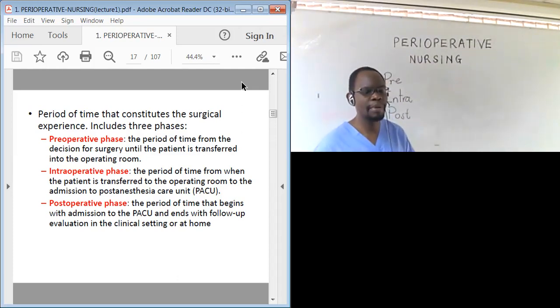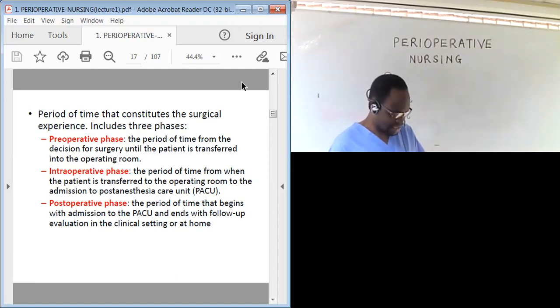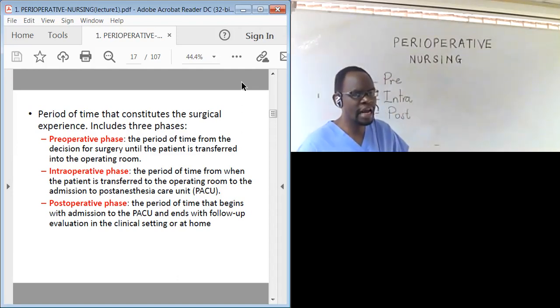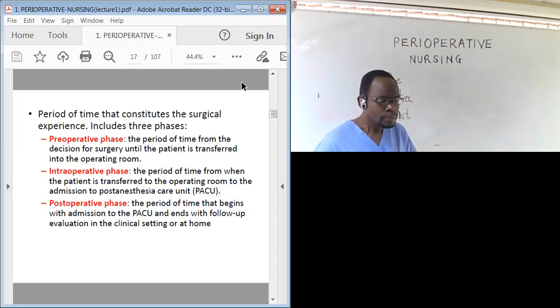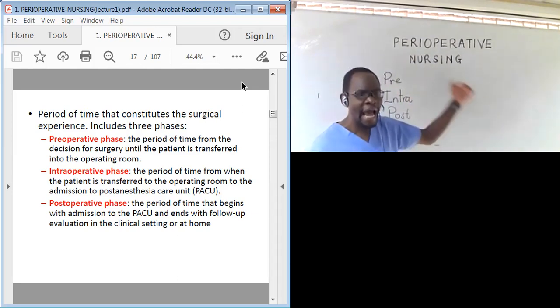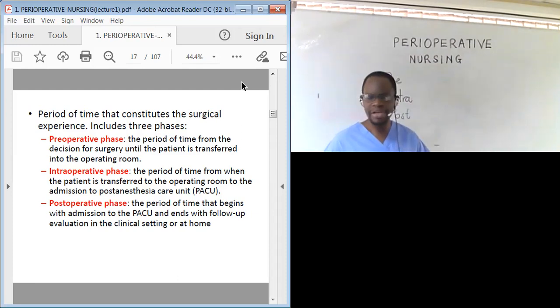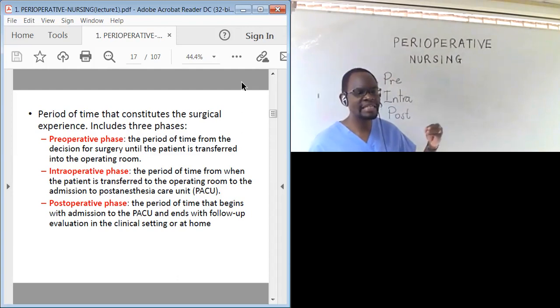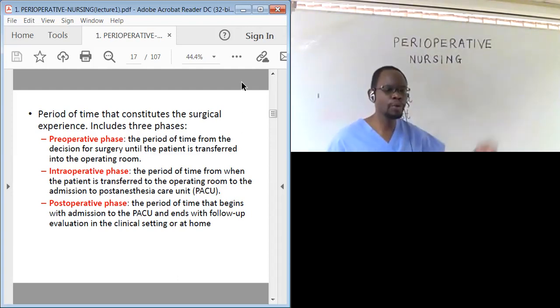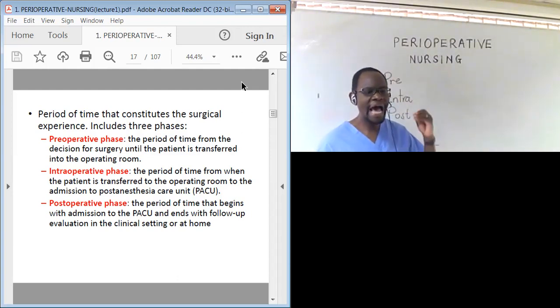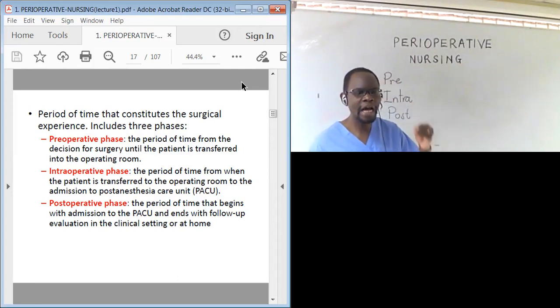phase of perioperative nursing. And then the intraoperative, this is the period from when the patient is transferred into the operating room up to the time when the surgery has been completed, and the patient is now transferred into PACU, or what we call the post-anesthesia care unit.